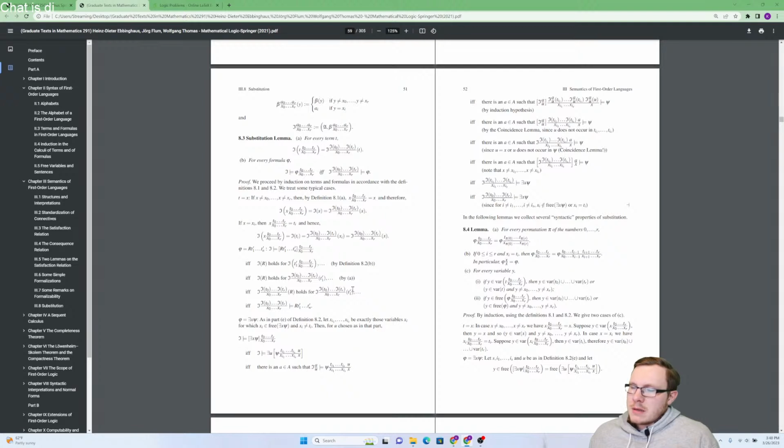So if it's a variable, this says that for every term t, if we replace the variables x through xr with the terms t through tr, okay, the values of the terms stay the same and the values of the formula stay the same.